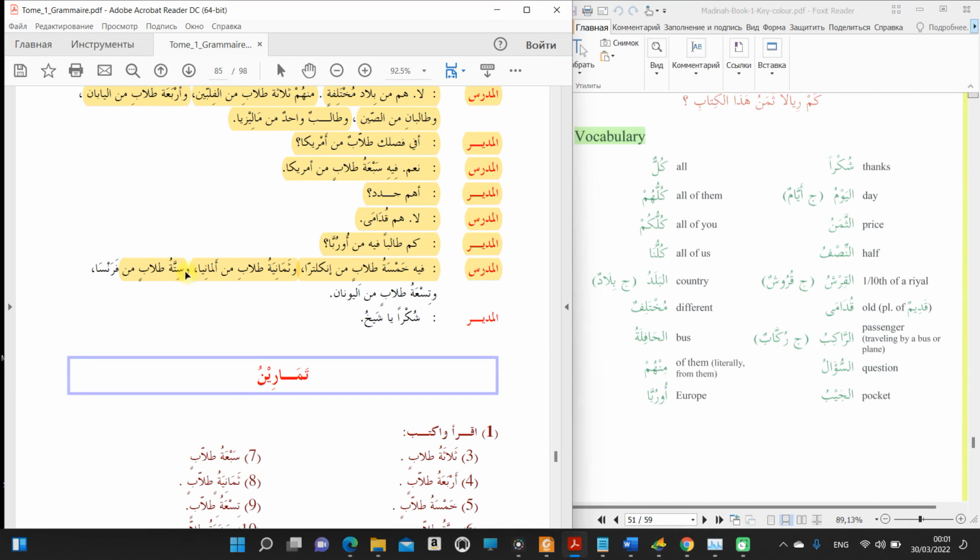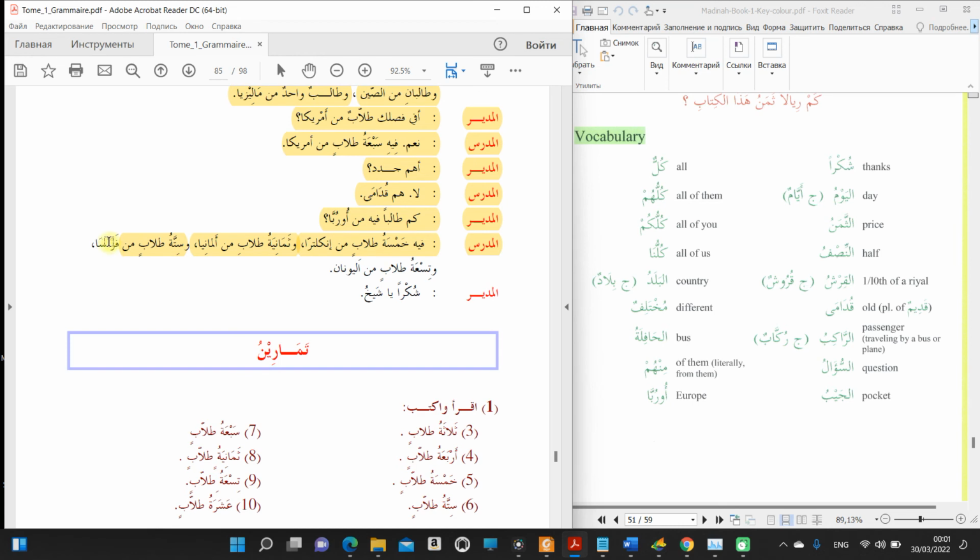So even though it's called مستشفى ألماني, a German hospital, the workers there or the doctors there are from Egypt. وستة طلاب من فرنسا, and 6 students from France. وتسعة طلاب من اليونان, and 9 students from Greece.